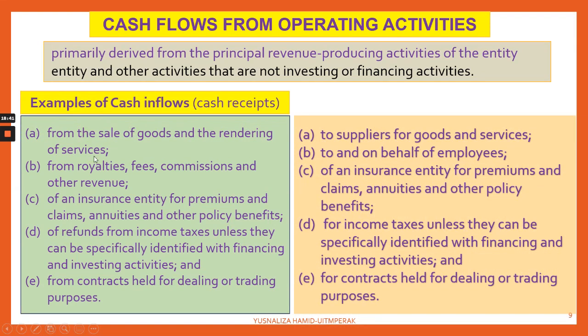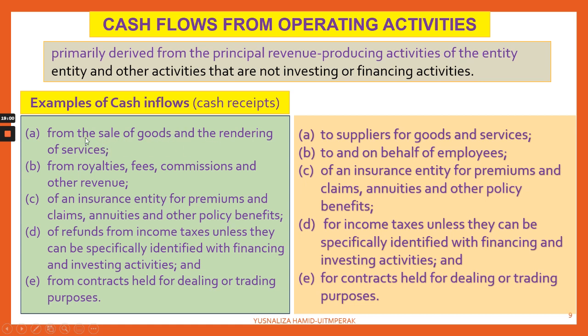So these are some examples of cash flow coming from operating activities, which are the cash inflows. Cash inflow is when you debit your bank account, right? You debit your bank account. And under operating activities, these are from the sale of goods and the rendering of services.